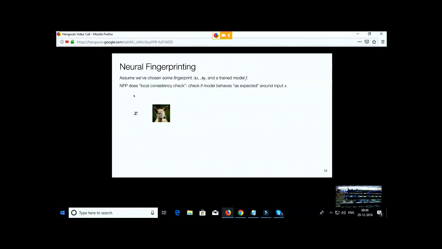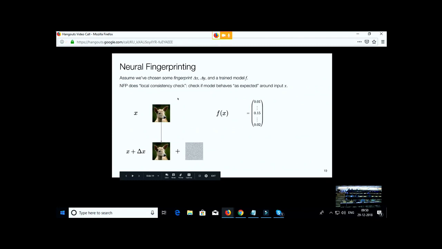Now, what neural fingerprinting does is a local consistency check. It says, on some given input x, I'm going to check if the model behaves as expected. So what does that mean? Let's say I have this image x, I compute the output of my network, so these are, again, the class probabilities. Then I apply my chosen delta x to this image.